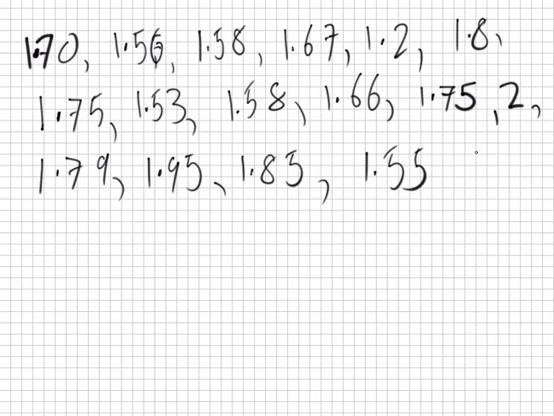Okay, now, how do you make your grouped frequency table? The first thing you need to know is how many bins you need, okay? So you first have to count how much data you have. Here I have 16. The reason I picked 16 is because there is a formula for how many bins you should have: the number of bins should roughly be equal to the square root of how much data you have.